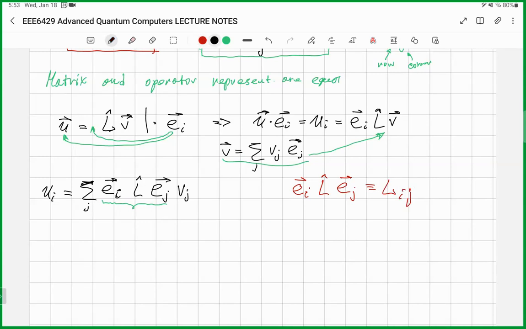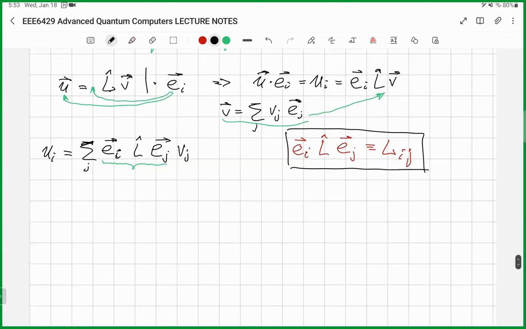And when I introduce this matrix L sub ij this way, this is basically the definition of the matrix components that correspond to operator L. I can rewrite this formula this way: U sub i is equal to the sum over j of L sub ij V sub j.